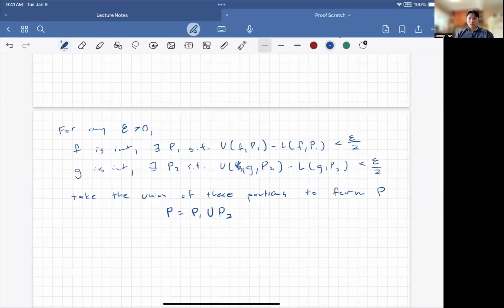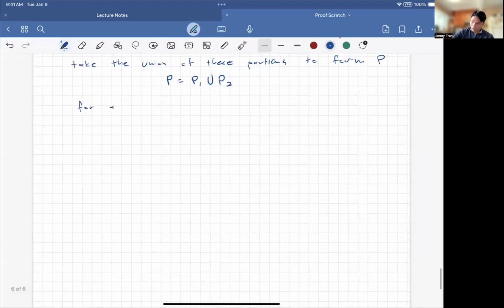And because we have a finite partition, for this finite partition, the upper sum, remember, is an overestimate of the actual integral. So because we have a finite partition, this upper sum now decreases.